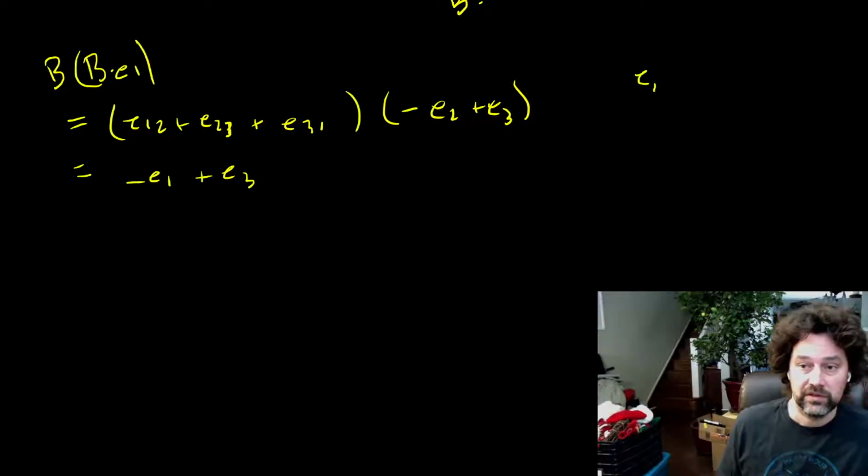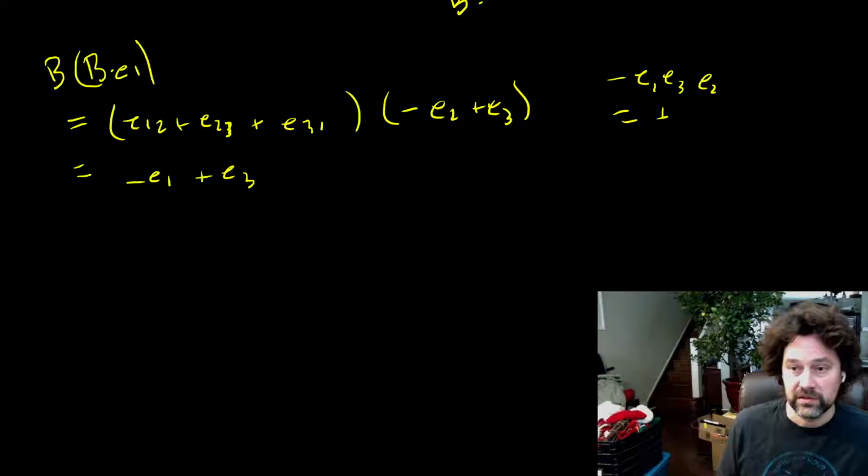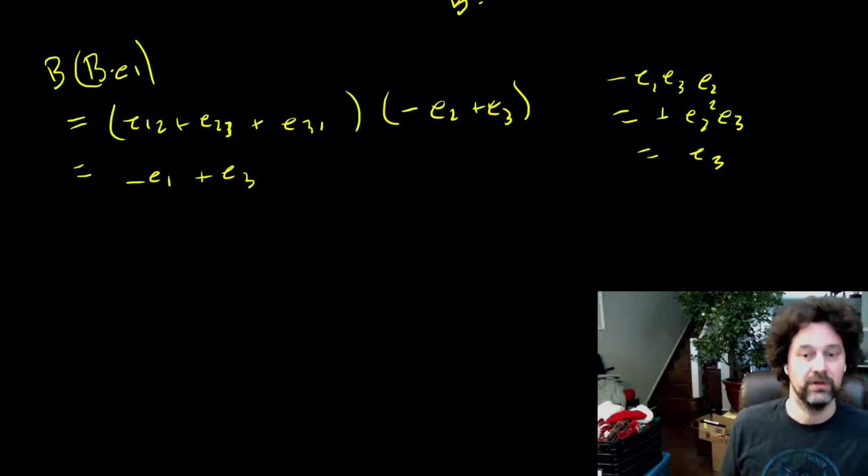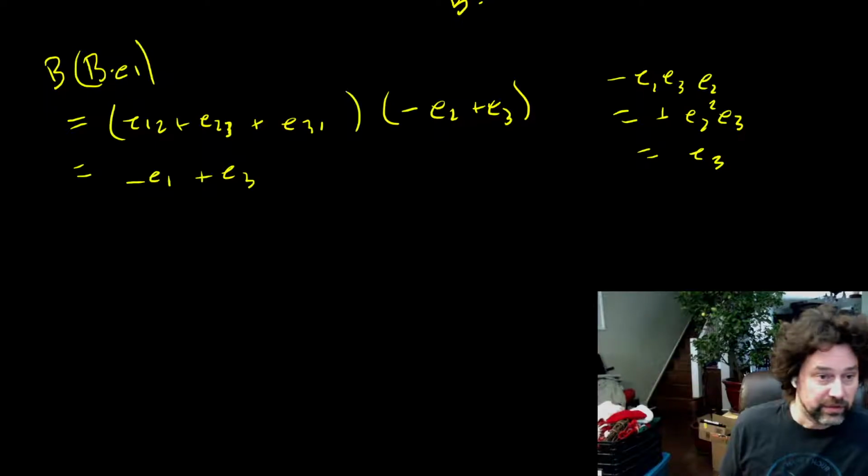So e2 e3 e2 is plus e2 squared e3, so that's e3. And e31 times e2 will have no vector component, so we could skip that. And e3 times e12 also has no vector component. The two of those should be matched. So if we have e31 times minus e2, that is going to be minus e123.